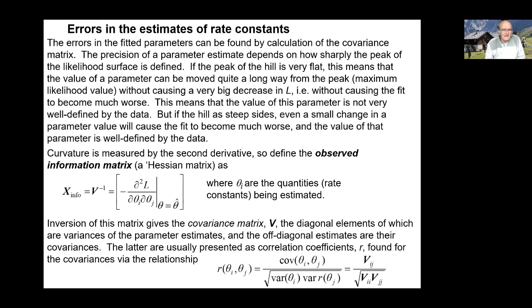And if that matrix is inverted, that's called the information matrix, then you can get the covariance matrix, and the diagonal elements of this matrix are the variances of the parameter estimates. You take their square root to get the standard deviation. The off-diagonal elements are the covariances, and they can be converted very simply into correlation coefficients, which is the way they're normally looked at.